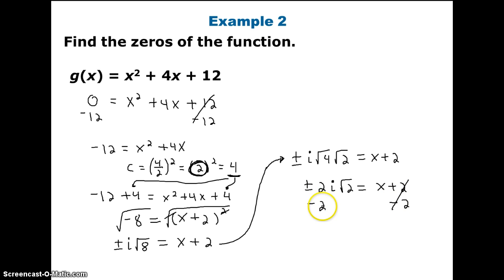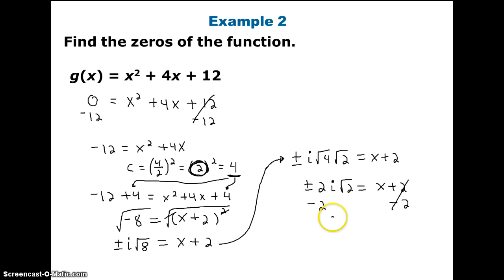That cancels. Over here, guys, 2 up here, 2 down here are not like terms. 2 is not imaginary. The one down here doesn't have an i, doesn't have a radical. So you want to write it as a complex number. So a complex number is when you have a real number and an imaginary number together. Real number is first and then the imaginary.